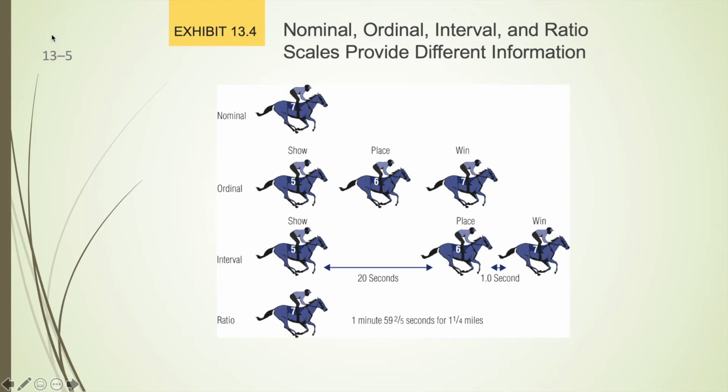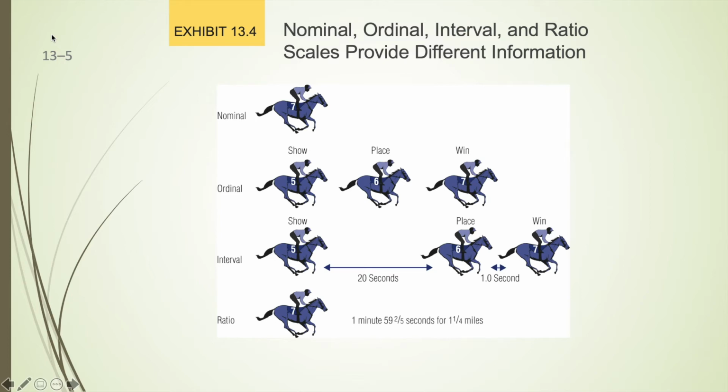Now interval, we're going to see that here in the next slide. It shows how far away each of these items are from each other, and those are intervals. You see here the three finished in different time intervals. Number 7 won, but number 6 placed, and number 6 was a second behind number 7.